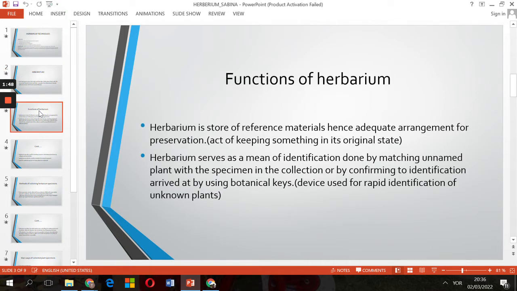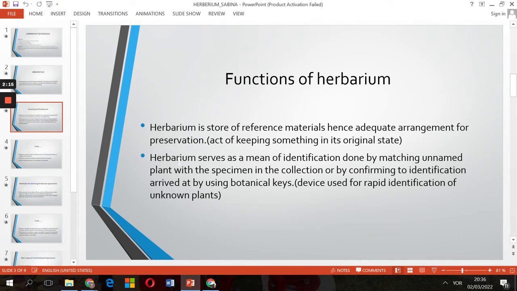Also, we can see some functions of herbariums. A herbarium is a store of reference materials, hence adequate arrangement for preservation. The term preservation here means keeping something in its original state.